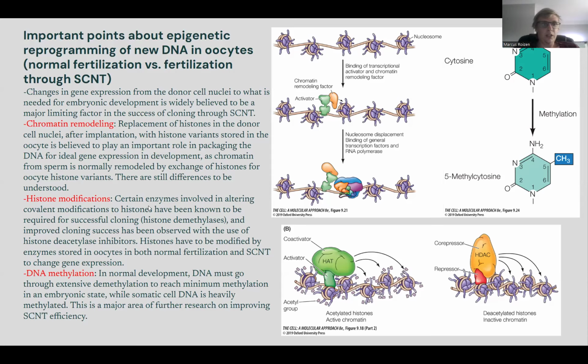These histones also have to go through a lot of changes to their histone modifications. Histone demethylase enzymes have been found to be important in certain cases for successful cloning. And improved cloning success has been observed with the use of histone deacetylase inhibitors. So that's small molecules that inhibit histone deacetylases and thus leave more histones acetylated and more open chromatin for gene expression, a lot of gene expression and development.